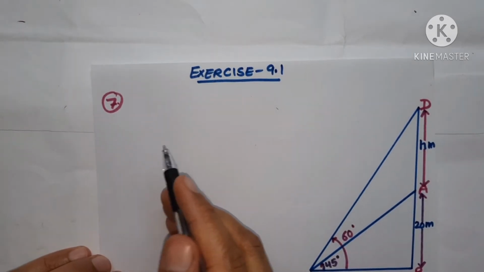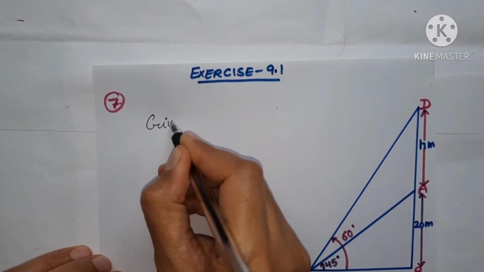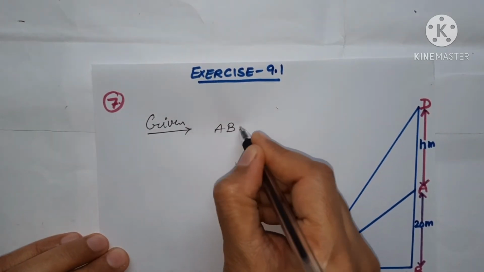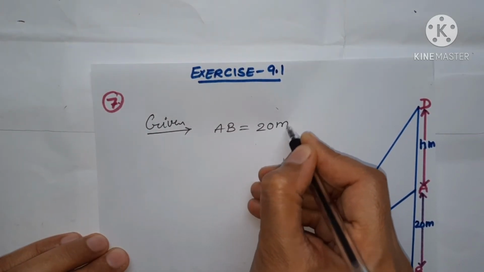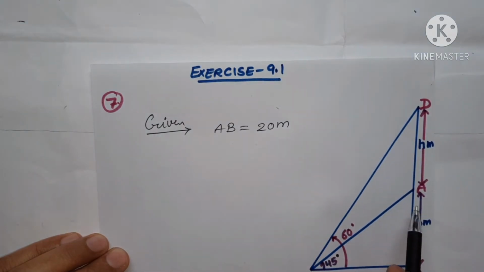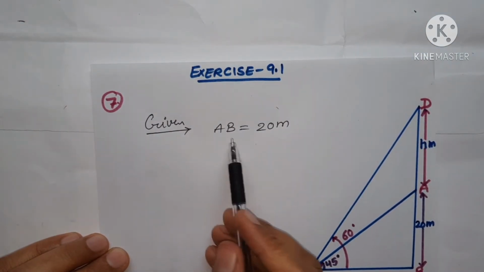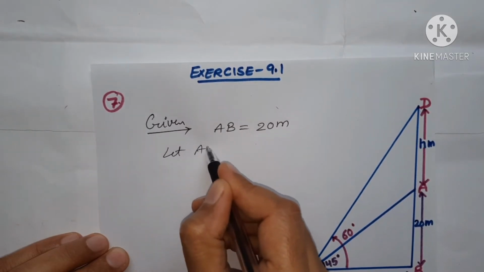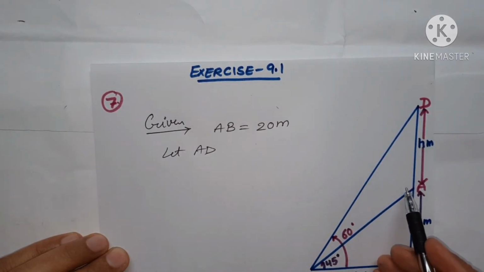So first we will write given. The height of the building is given in the question, that is 20 meter. So AB is the building in this case. So we will write AB is 20 meter, and let AD be the tower on the building.